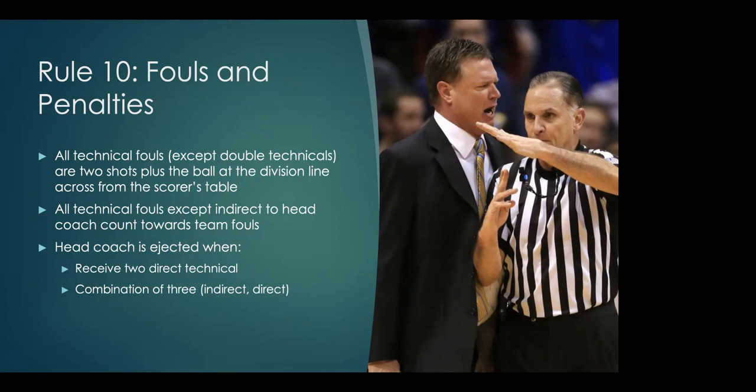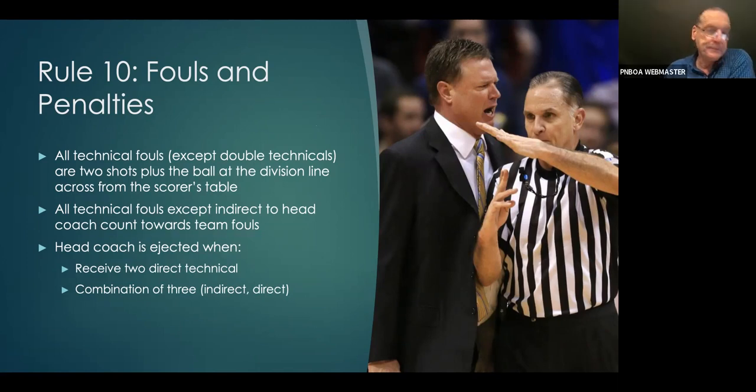Good. Okay, so Rule 10 is fouls and penalties. And it starts out talking about technical fouls. And I'd like to think about breaking technical fouls into 2 different categories. One set of technical fouls are kind of administrative in nature, and the other set of technical fouls relate more to sportsmanship, conduct.